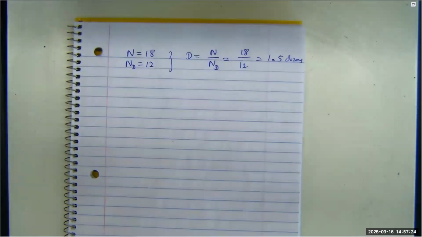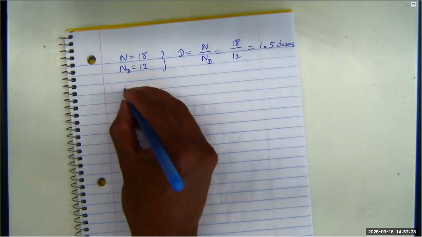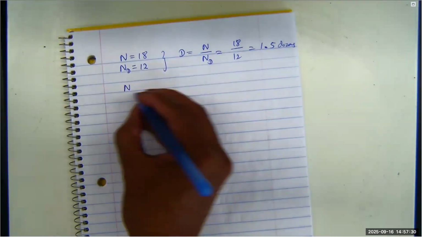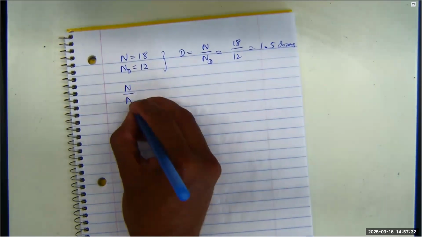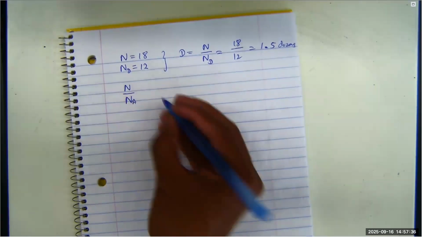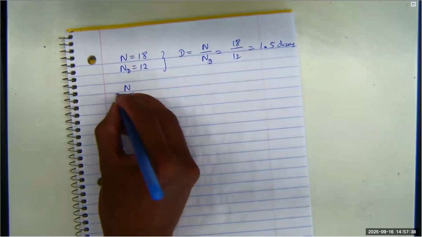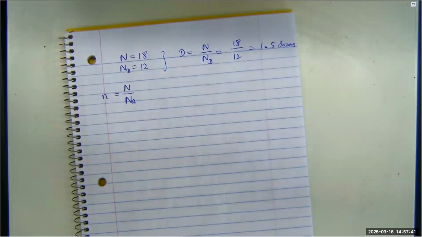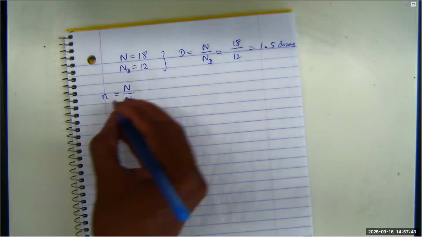Okay. Now, similarly, if somebody asks you for the number of moles, we do the same thing. So we have N, and then divide that by the number of particles in a mole, Avogadro's number, and that gives you the number of moles, lowercase n.